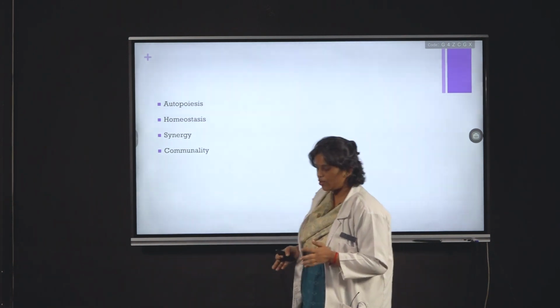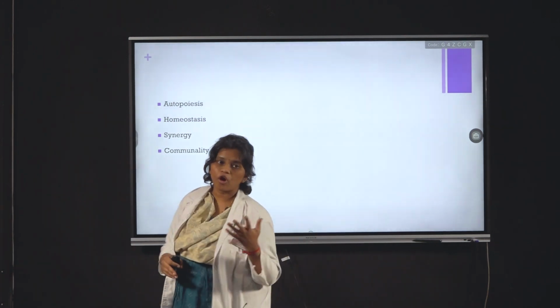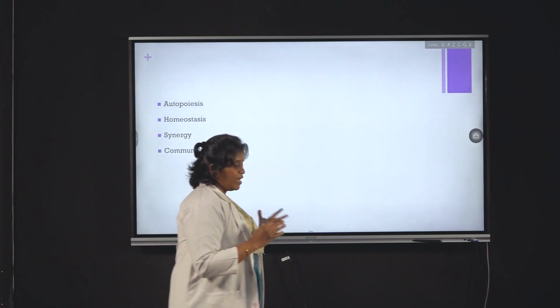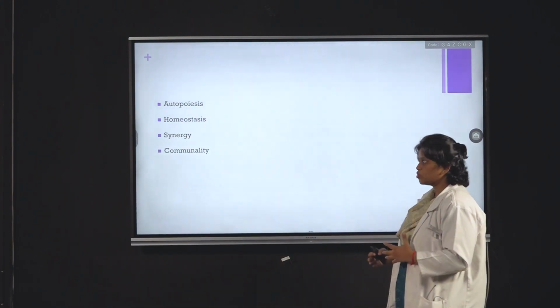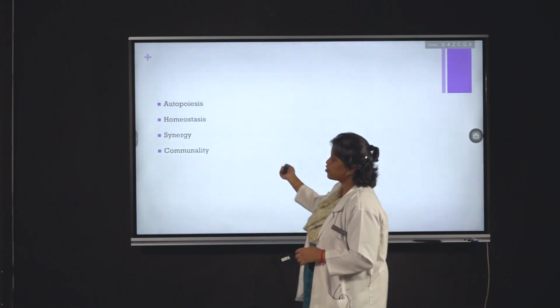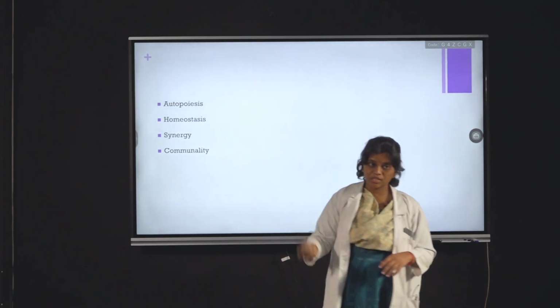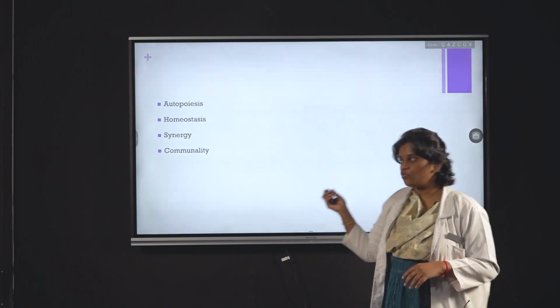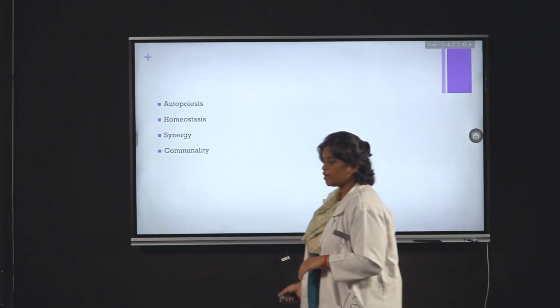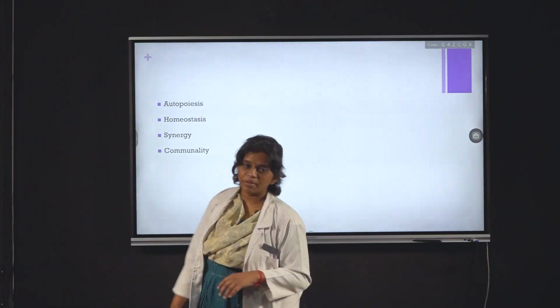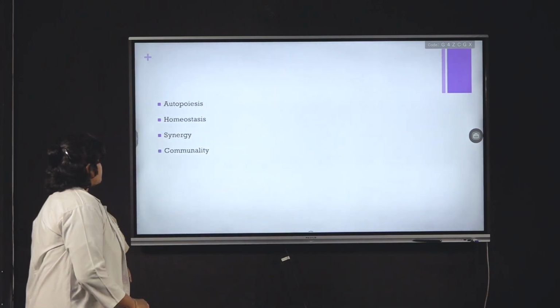And next is communality. Communality is when a problem comes, they face the problem as a combined unit and not as an individual. So these are the four most important factors which a biofilm possesses, and because of these four factors, the removal of the endodontic infection becomes a challenge.